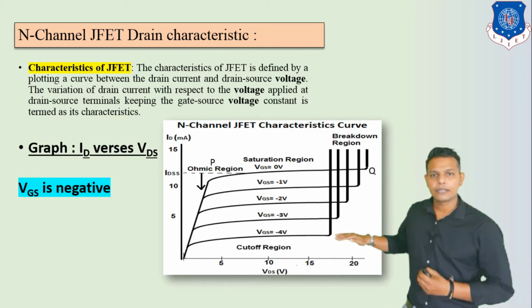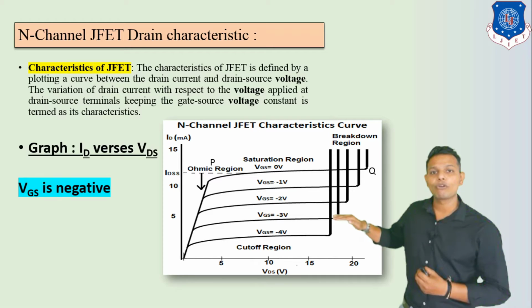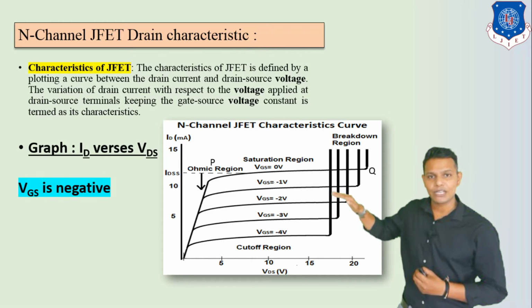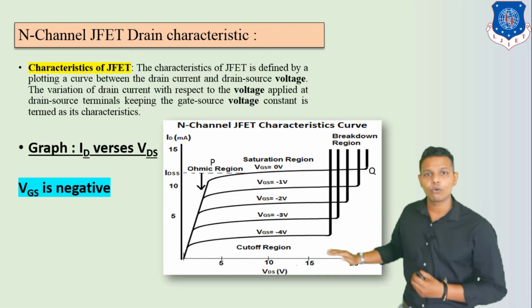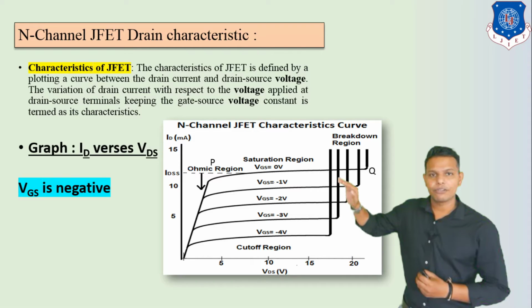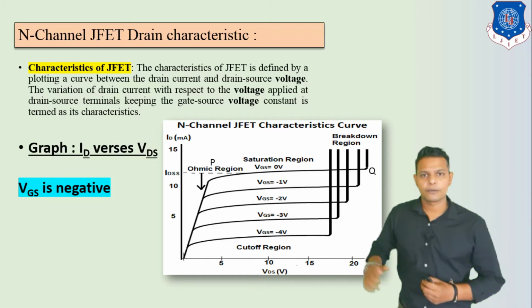So if we apply more and more negative voltage, VGS from -1 to -4, at this time we can see ID, that means the drain current flow, is reduced.